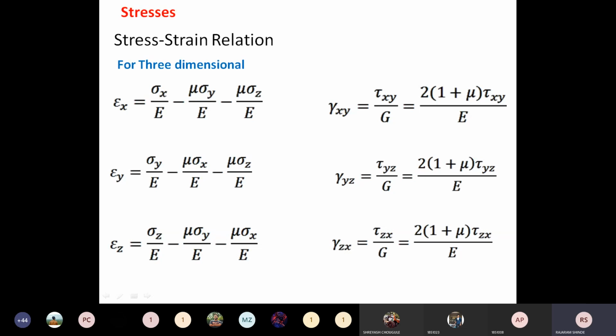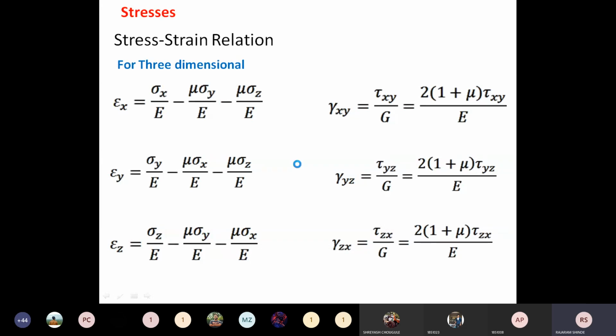Do you agree with this? On the left side, the strain matrix is a one column matrix. On the right side there is a stress matrix, that is sigma x, sigma y, sigma z, and tau xy, tau yz, tau zx. And the middle matrix is the material property matrix.